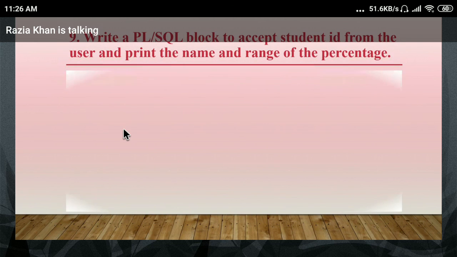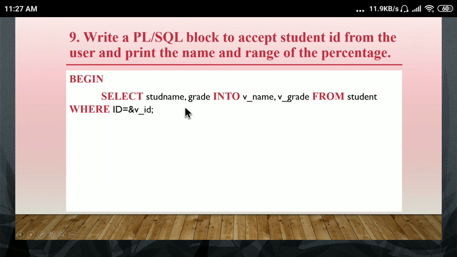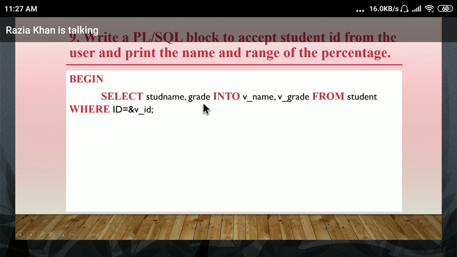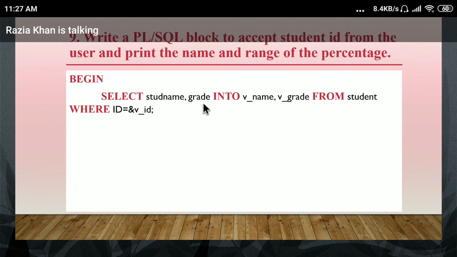Check the next, the begin part. Which query is it? The select query. Last time I explained how to fetch the data. So this is your select. Tell me, what is this? Is this your variable or what? After the select keyword, you have to write what? Student name and grade. Tell me, everyone.